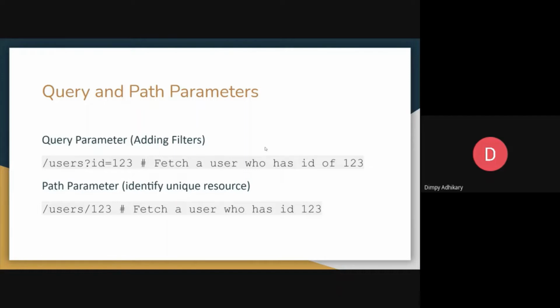That is the basic difference between query parameter and path parameter. In a path parameter, you cannot pass multiple things. It's just a single parameter and it will uniquely identify a resource. But in a query, you can pass any number of parameters, and these query parameters are actually used for filters, search filters basically.